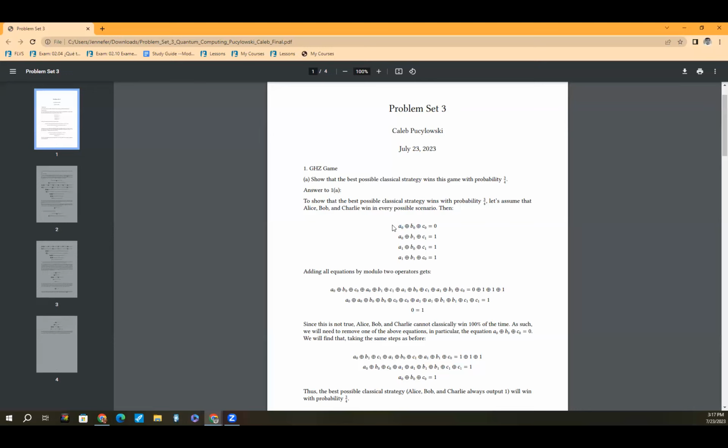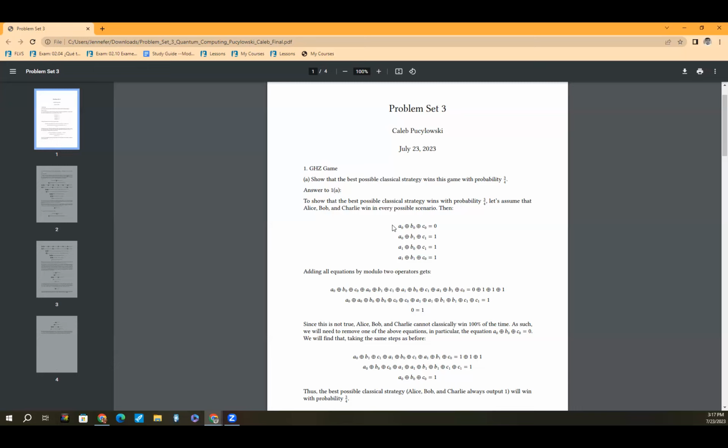Yeah. So what I was trying to say in that case is that A0 is the strategy for when Alice receives a 0. B0 is the strategy for Bob when Bob receives 0, and C0 is the strategy for Charlie. Really it's the output for the strategies of each player when they get a 0 or 1, and the subscript represents the strategy for their respective values.